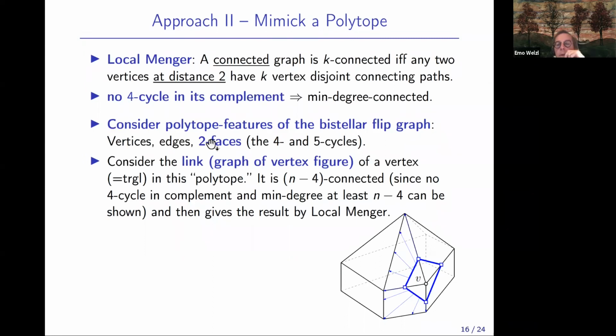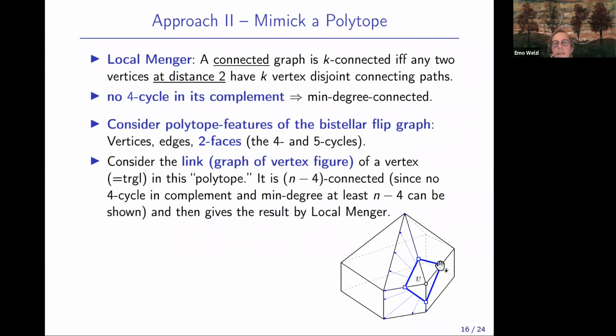What we miss are 2-faces, because why did we connect this point here with this point here in the link of this vertex V? Well, because these two points, or rather the two edges from which they come, they lie on a 2-face. And that's why we connected these two. The same here, these two lie on a 2-face, that's why they get connected. This edge here and this edge here, they do not lie on a common 2-face. So that's why this point and this point do not get connected, right?